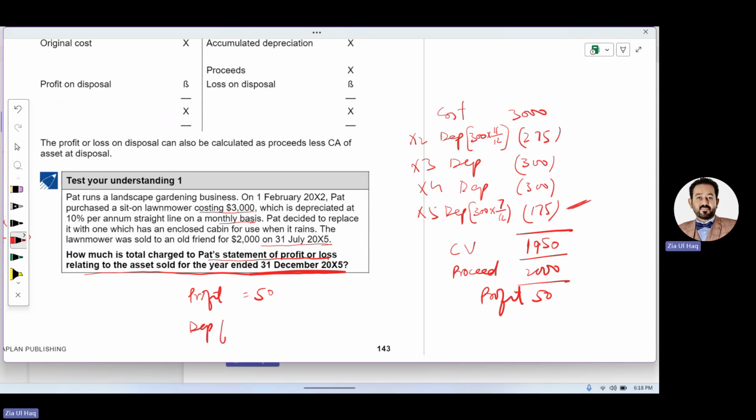So the depreciation for 20X5 will be 175. These two figures will be charged as income and expense to the profit and loss account for 20X5. Is that fine?